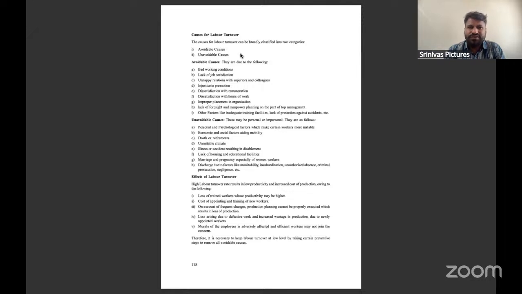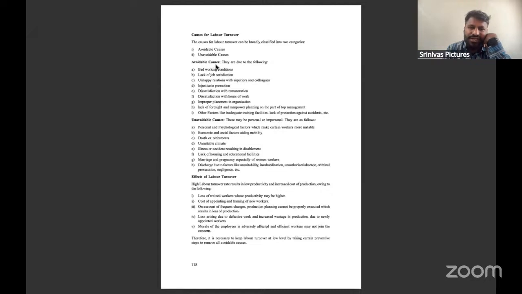Right. Causes of labor turnover. There are two kinds of causes, avoidable causes and unavoidable causes. Avoidable causes mean bad working conditions, lack of job satisfaction, unhappy relations with superiors and colleagues, injustice in promotion, dissatisfaction with remuneration, dissatisfaction with the hours of work, improper placement and organization, lack of foresight in manpower planning, and other factors like inadequate training and facilities, and lack of protection against accidents.